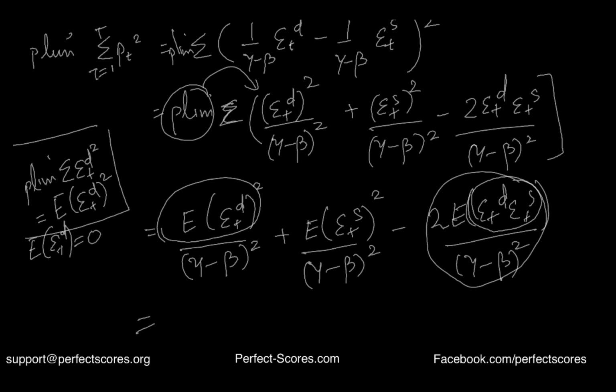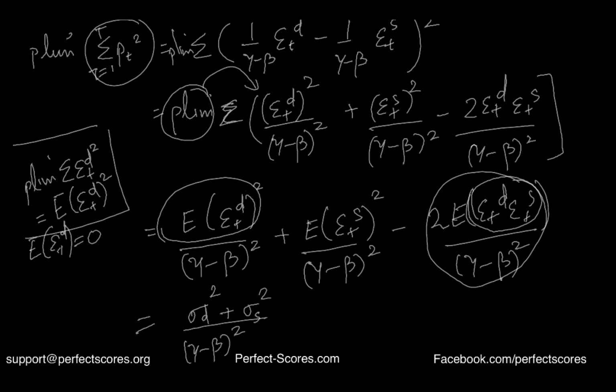So this is the variance, which is equal to sigma_d squared. That is what we assumed. And similarly, this is equal to sigma_s squared, divided by gamma minus beta whole squared. So this is the probability limit of the denominator, right? Keep that in mind.